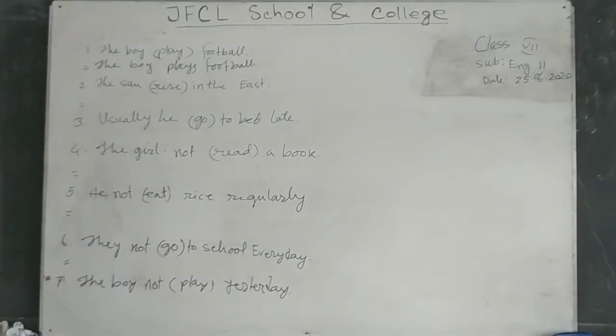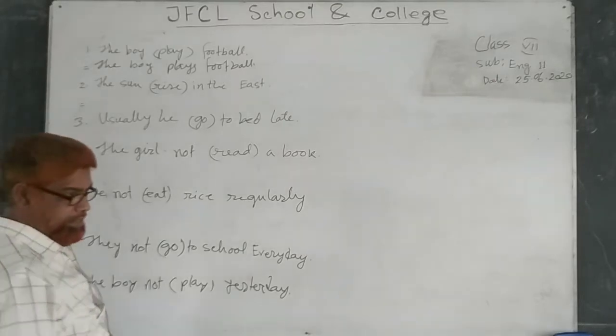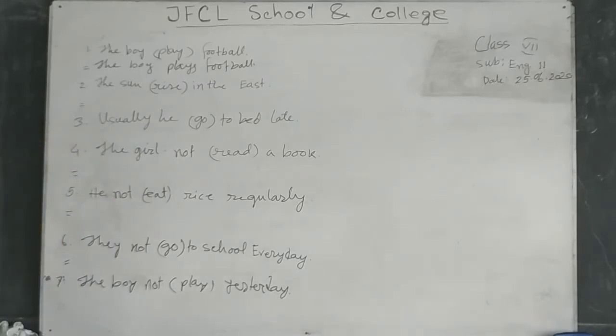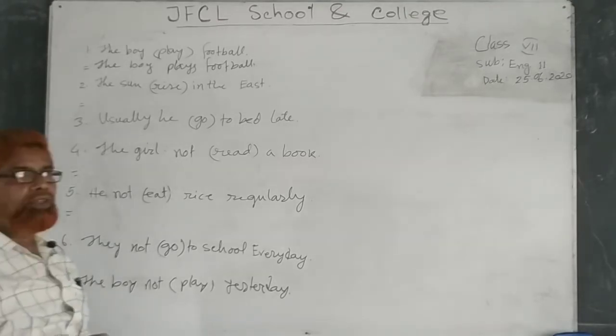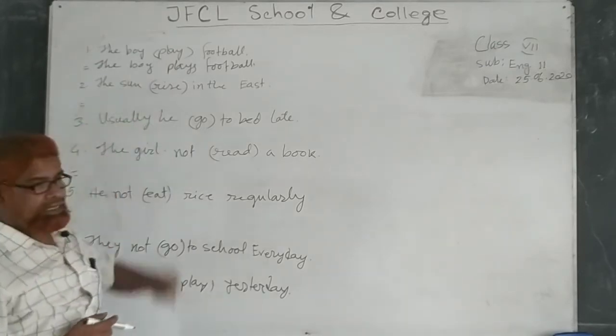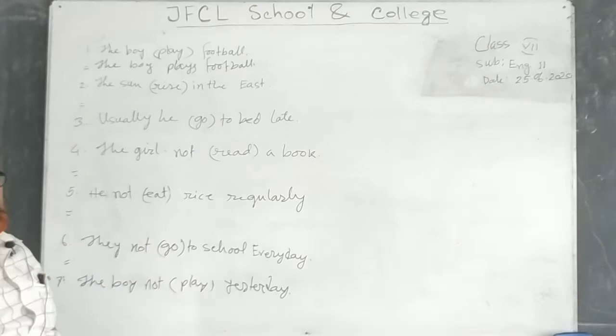Number 2, the sun rises in the east. If the sentence tells us the universal truth, we use present indefinite tense. The sun rises in the east, it is universal truth.